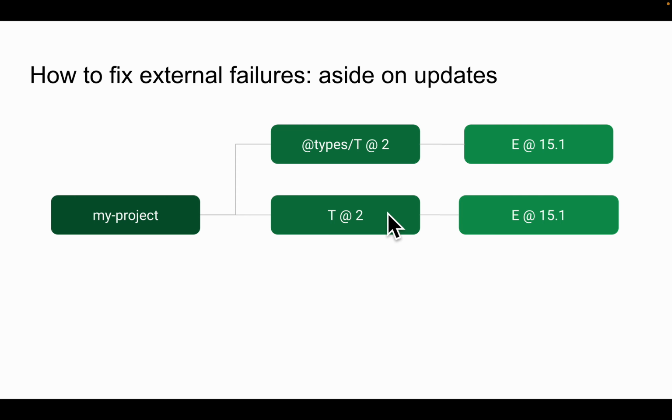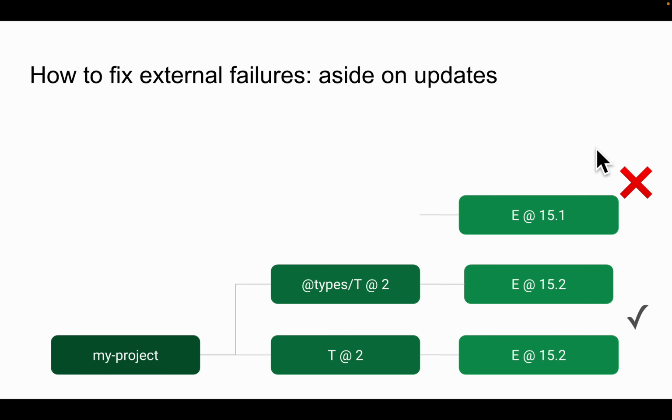And those both have versions, and they presumably both depend on some external package that is the reason that you found out about the break in the first place. So say you have this working setup, you've got T depending on E at 15.1 and that's using the values of 15.1. Then you have @types/T also depending on 15.1 using the types from 15.1.